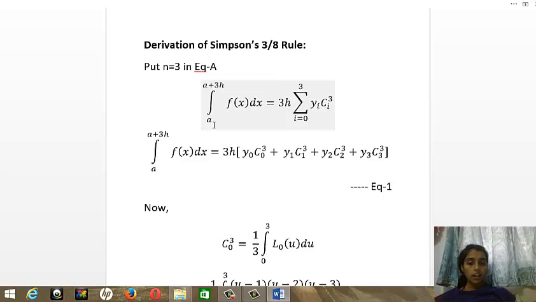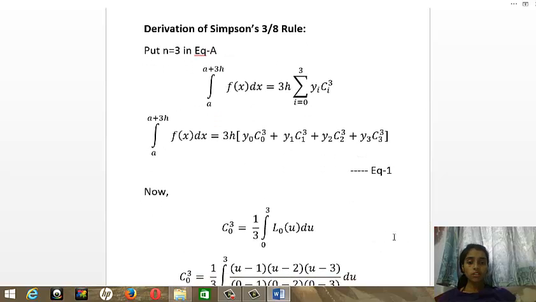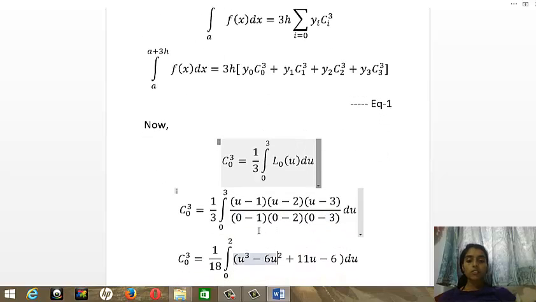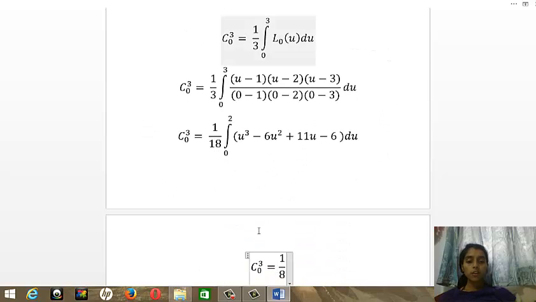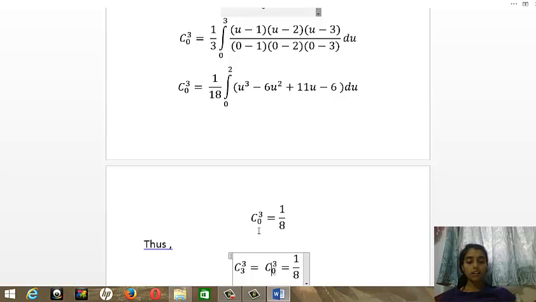As we have done earlier, we also find the values of C0^3, C1^3, C2^3 and C3^3. The value of C0^3 equals 1 by 3 integration of L0(u) du from 0 to 3. So C0^3 will be 1 by 8.